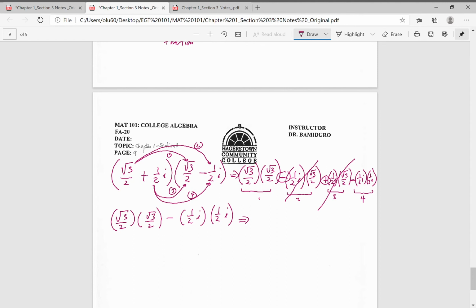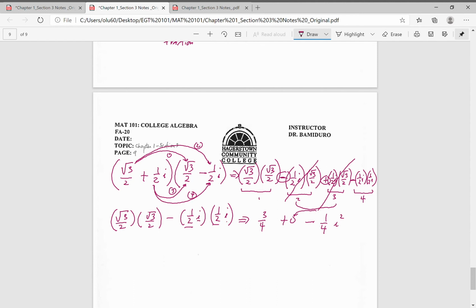When we square these two, you're going to get 3 over 4, plus the 0 for these two that go to 0, minus 1 over 4i squared, because 1/2 times 1/2 is 1/4, and the i times the i is i squared.